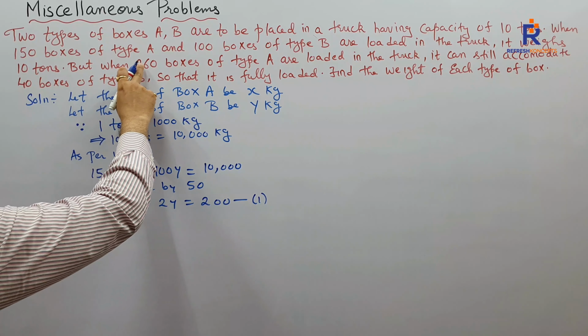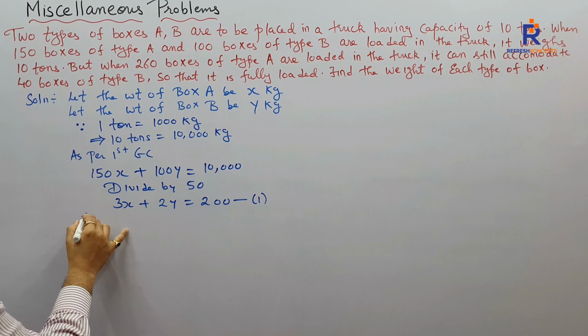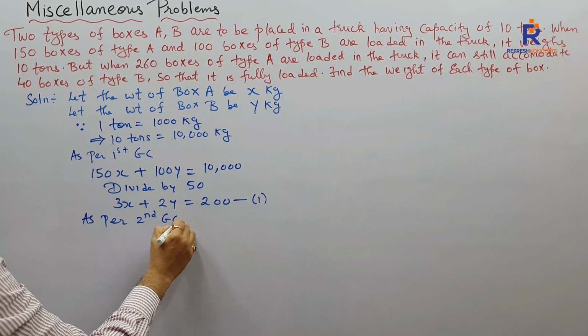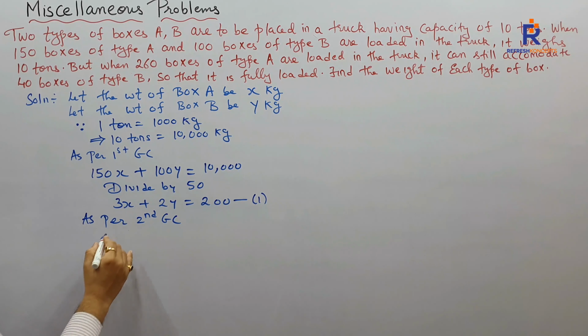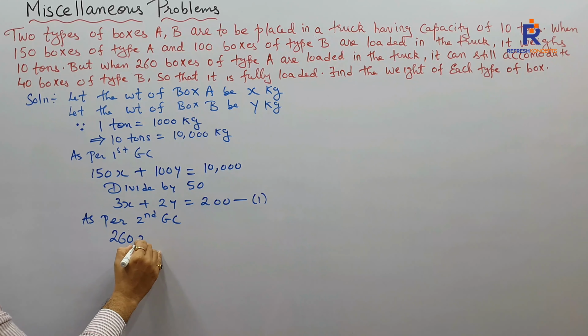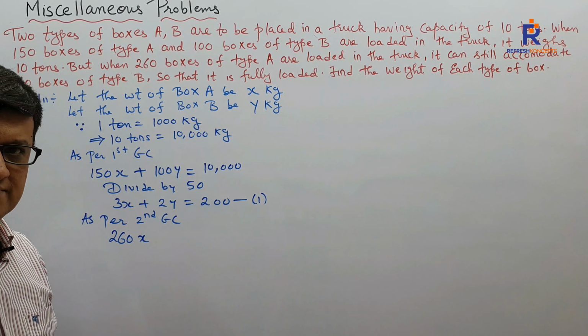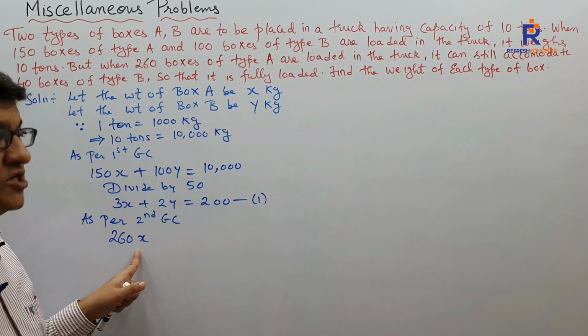But when 260 boxes of type A, as per second condition, 260 boxes of type A, so 260x, are loaded in the truck. So truck is already filled with 260 boxes weighing 260x kg.